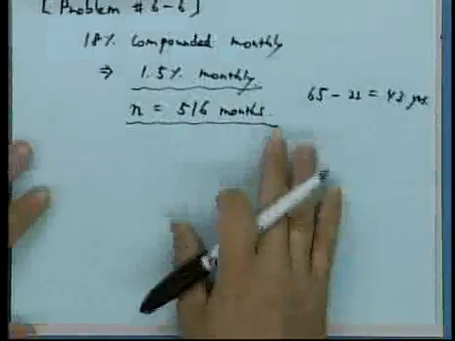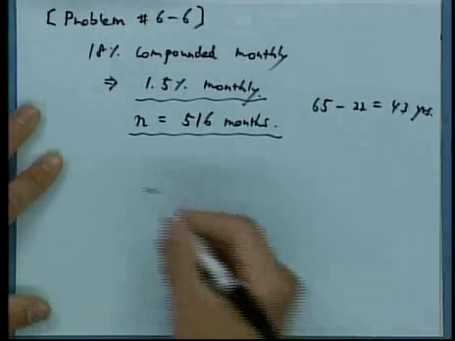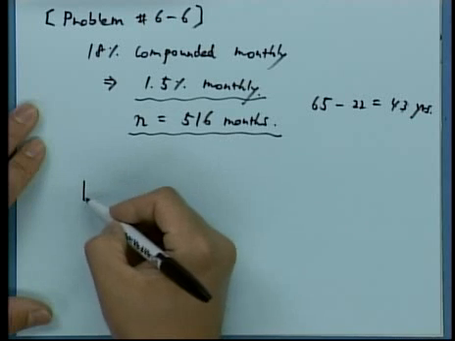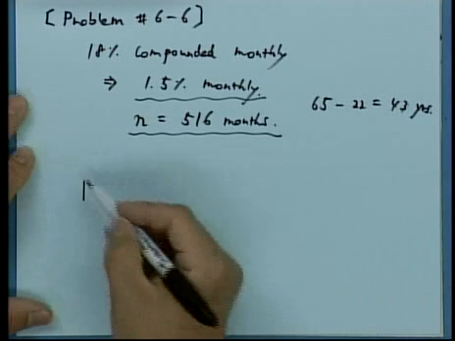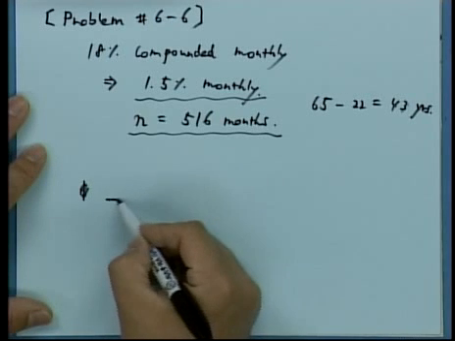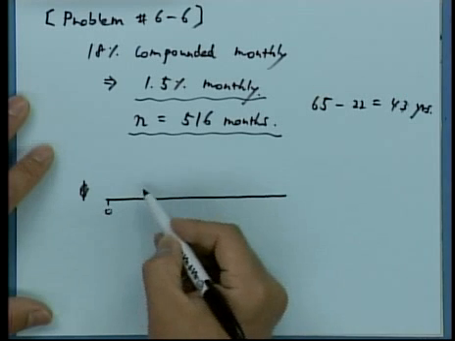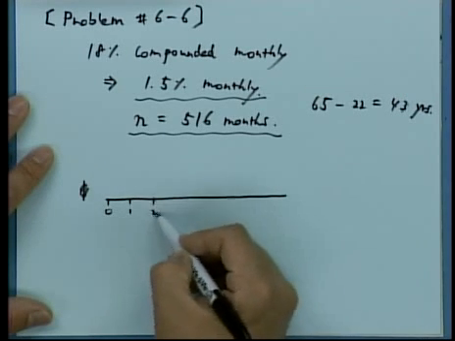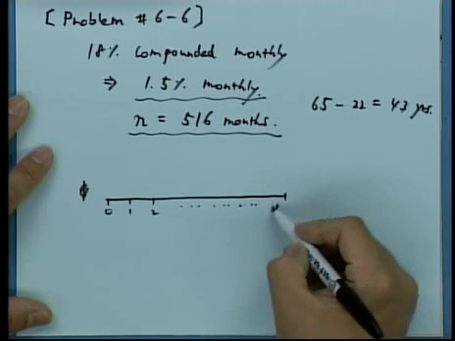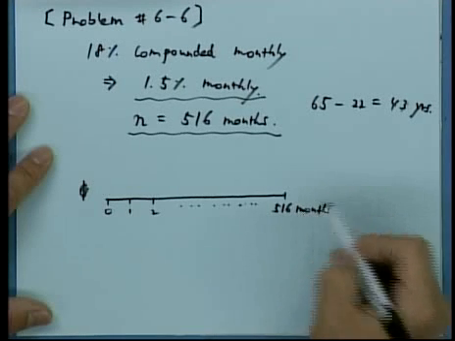So let's draw the cash flow diagram. Zero, 1, 2, up to 516 months, right?